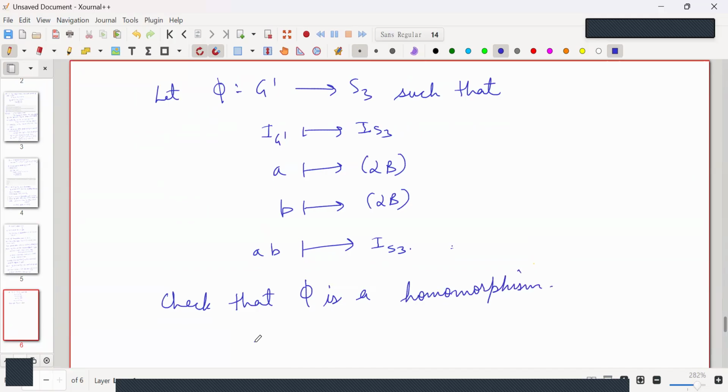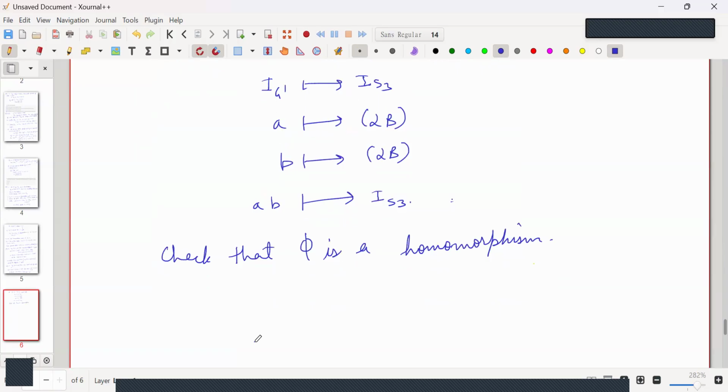And how many such homomorphisms are there?